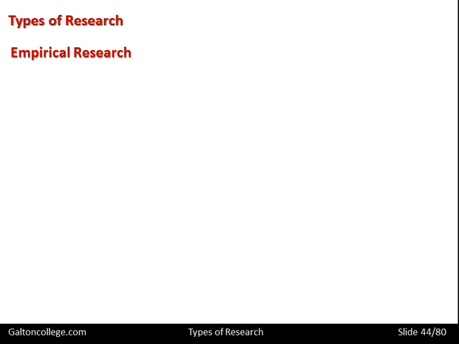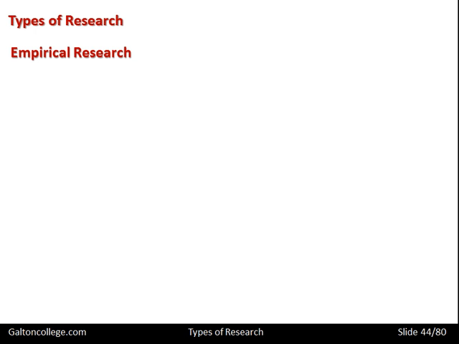There's also empirical research. Empirical means done by experiment, but nowadays we look at the word in terms of its modern meaning as done practically. So it's practical research, with a practical bias.